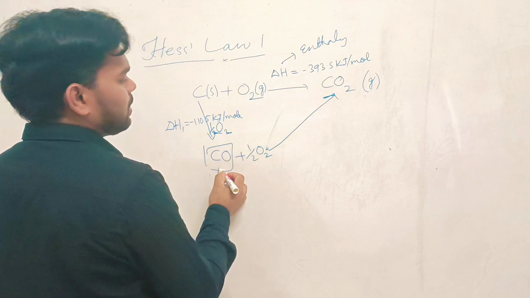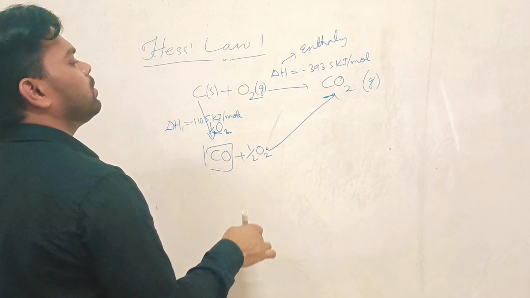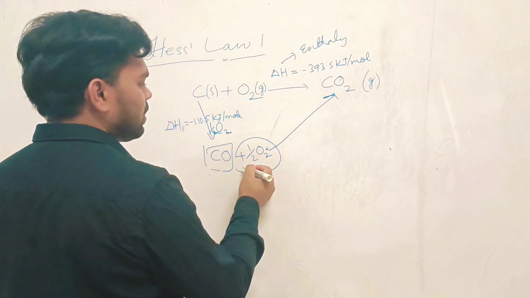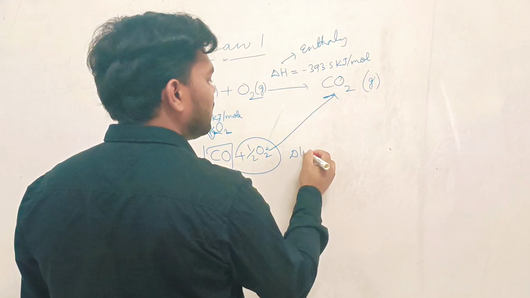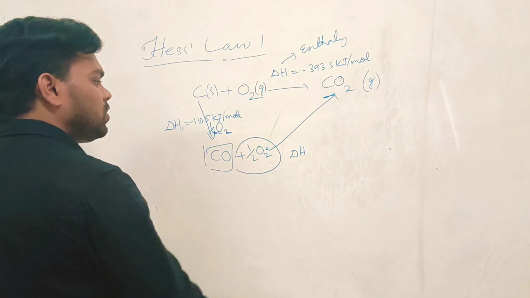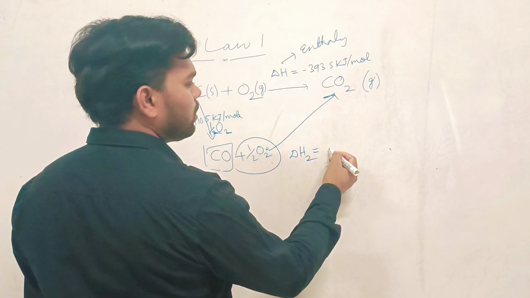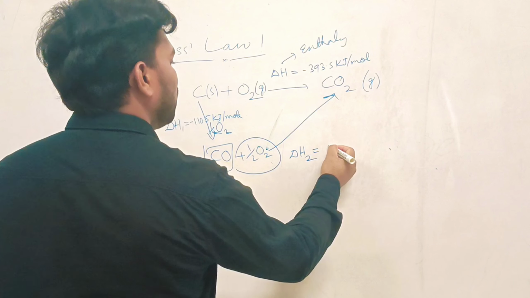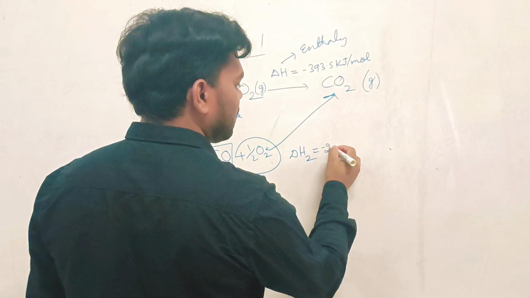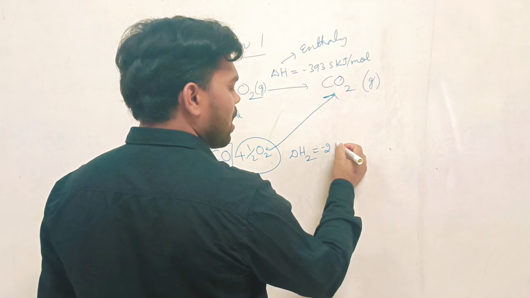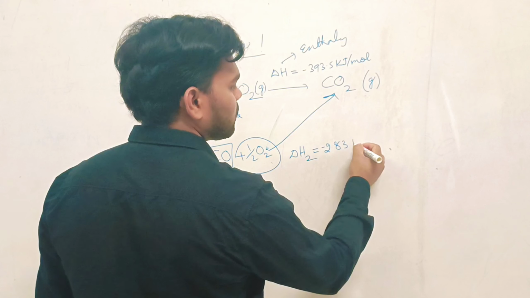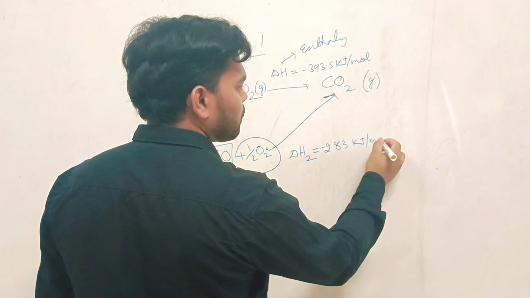And when we add this carbon monoxide with one more oxygen, what is the energy change? Let me write this as delta H2. It will be around negative 283 kilojoule per mole.